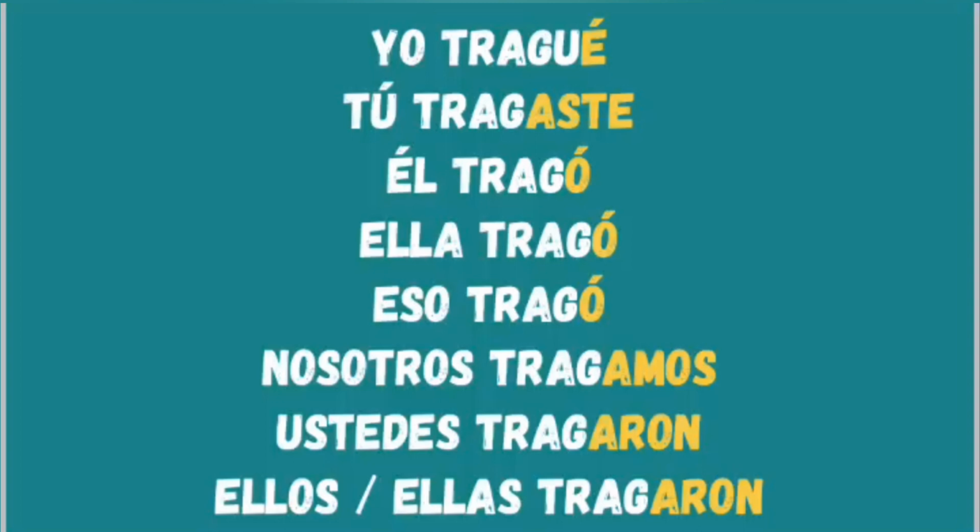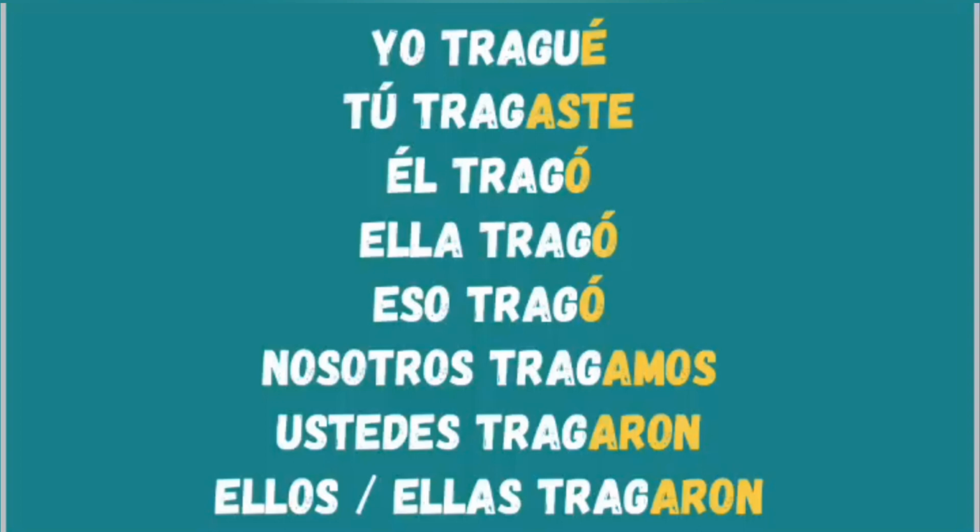So if you want to say you swallowed, in Spanish you have to say tú tragaste. Tú tragaste. Now if you want to say he swallowed, in Spanish you have to say él tragó. Él tragó. Now to say she swallowed, you have to say ella tragó. Ella tragó. If you want to say it swallowed, you have to say eso tragó. Eso tragó. If you want to say we swallowed, in Spanish you have to say nosotros tragamos.